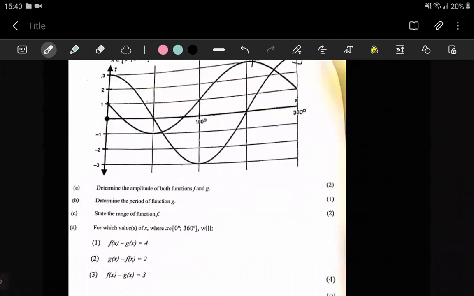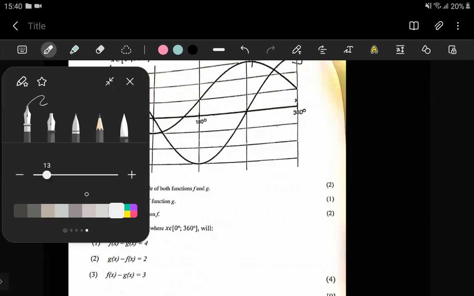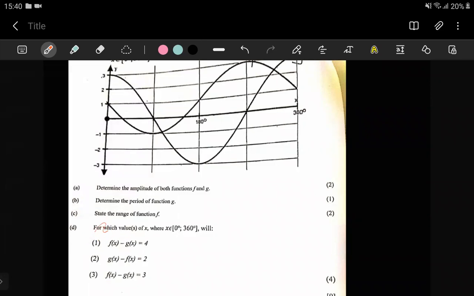Okay, yeah. So the good news is, on the functions and graphs course, you're going to bump into a lot of questions like these.